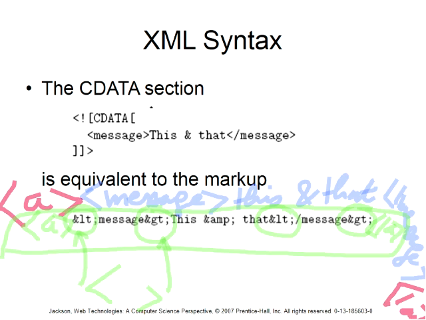Is it clear, the first manner, the green one? That means message this and that is not XML code. It's just data. So to say that this code is data, I use and LT and GT.